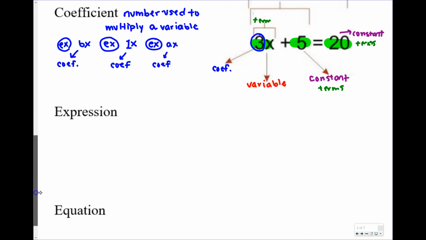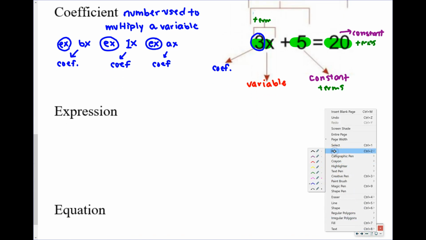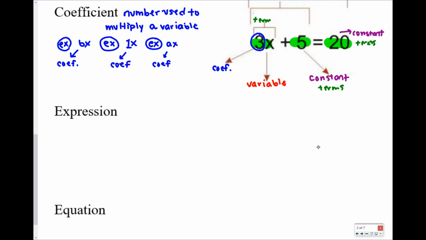The last 2 words are words that you should know pretty well, and that's expression and equation. Okay? I'm going to use black for this. So expression, the real definition are just terms, like the 3x, 5, and 20, terms that are grouped together and they show value of something.